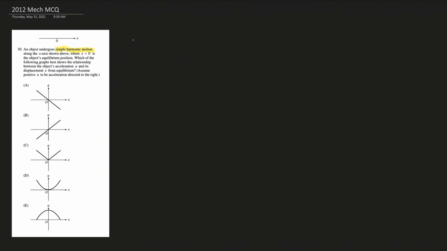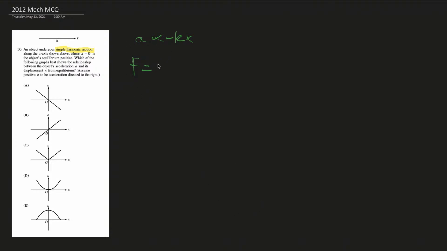You know for a fact that if it's going through simple harmonic motion, a has to be directly proportional to x, right? But in this case, we have negative kx, because the force that acts upon it is directly proportional to the displacement we are from the equilibrium.